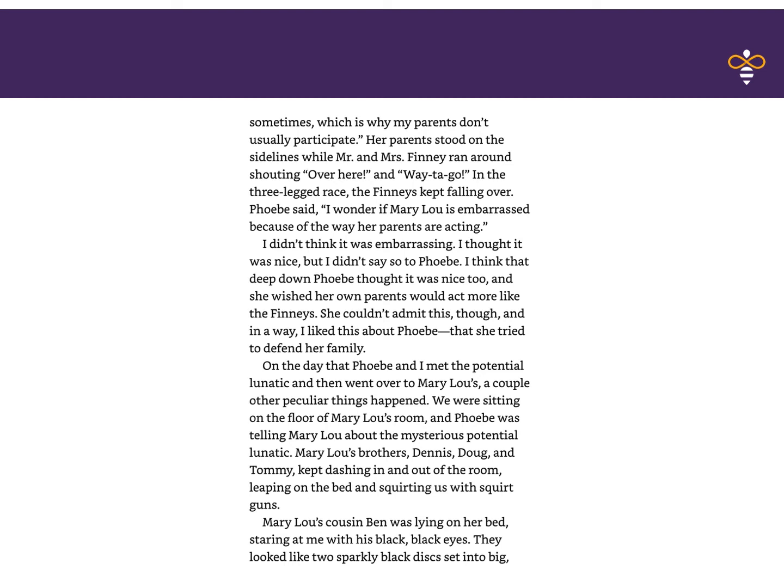a couple other peculiar things happened. We were sitting on the floor of Mary Lou's room, and Phoebe was telling Mary Lou about the mysterious potential lunatic. Mary Lou's brothers, Dennis, Doug, and Tommy, kept dashing in and out of the room, leaping on the bed, and squirting us with squirt guns. Mary Lou's cousin Ben was laying on her bed, staring at me with his black eyes.